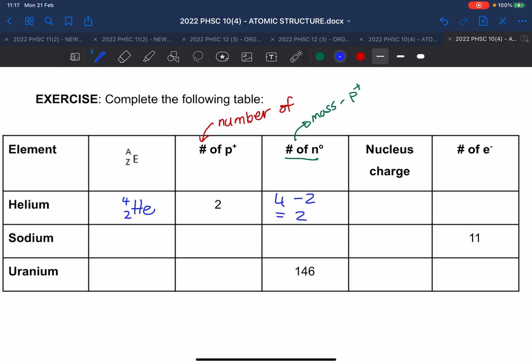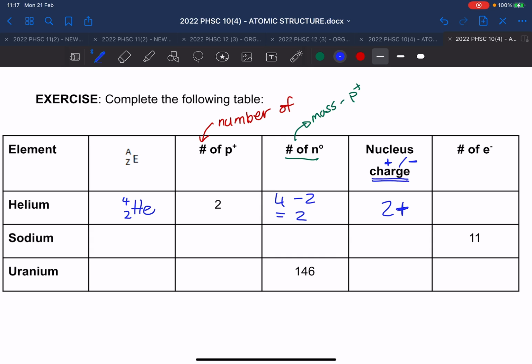Then, what is the nucleus charge? Charge refers to whether it is positive or negative, and then how much. In helium's nucleus, what do you find there? The protons and the neutrons. Do the neutrons have a charge? No, they have no charge. How many protons are there?